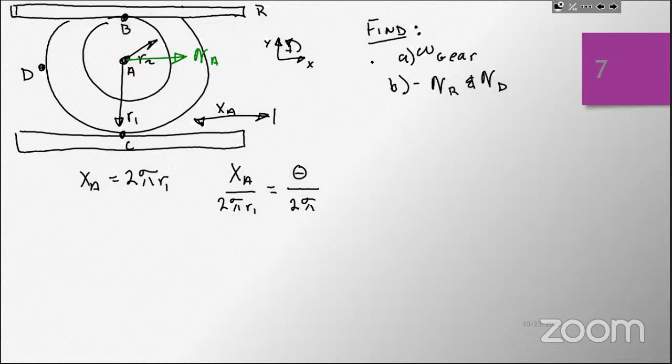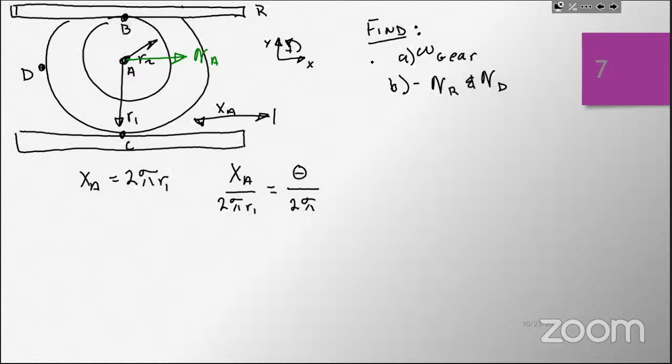All right. So what is actually going on? What does this mean? The linear distance, x sub a, is some portion of the circumference.